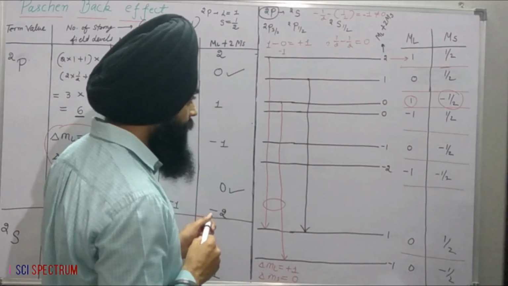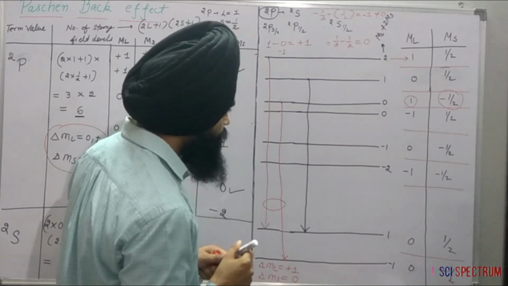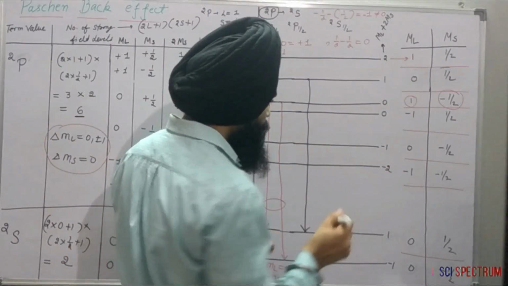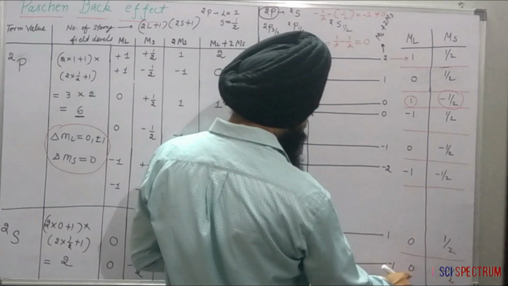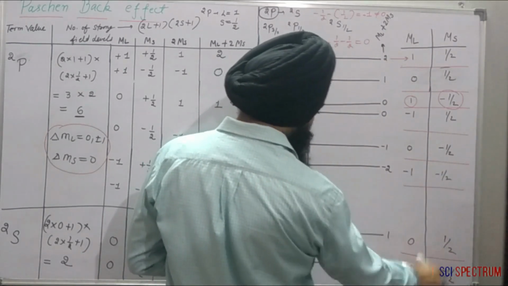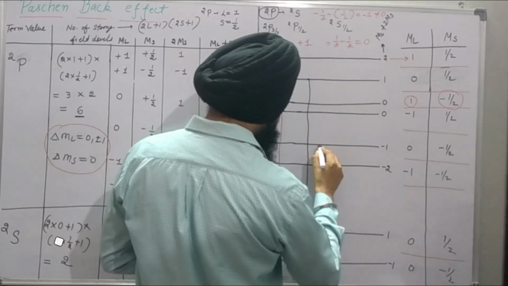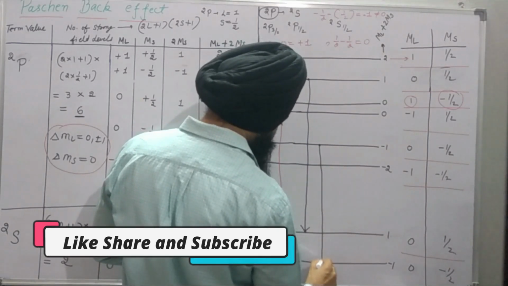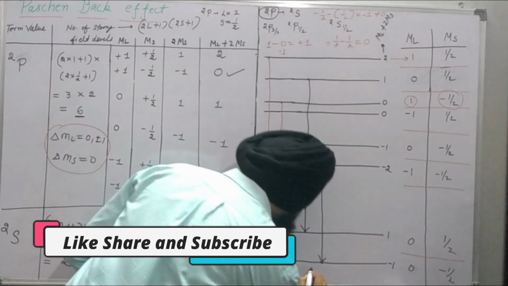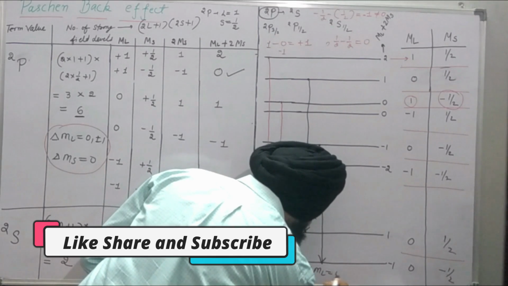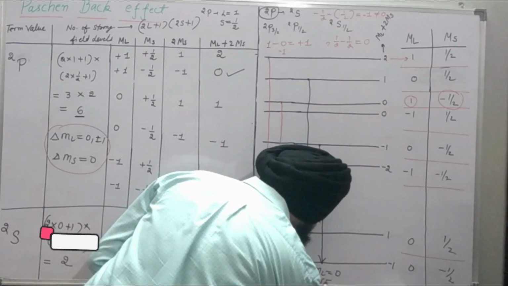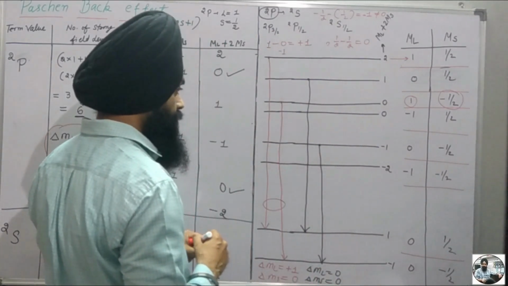Let us see whether any other transition is possible here. We have 1 0 here, another 0 here, and simultaneously the other rule is also followed. Here delta ml is equal to 0, delta ms is also 0 in this transition.